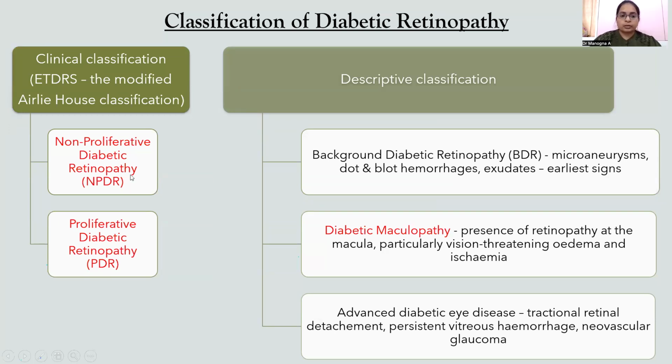This is very important, based on clinical science, and for management purposes. A descriptive classification is also used, for us to understand better: background diabetic retinopathy, maculopathy, and advanced disease. Diabetic maculopathy is important among the descriptive classification.